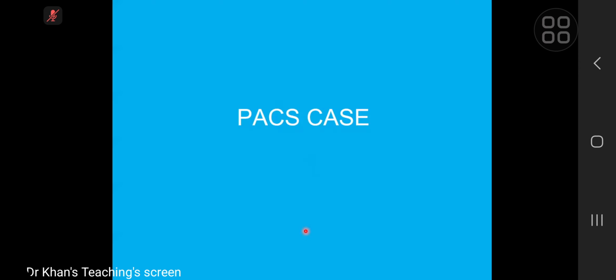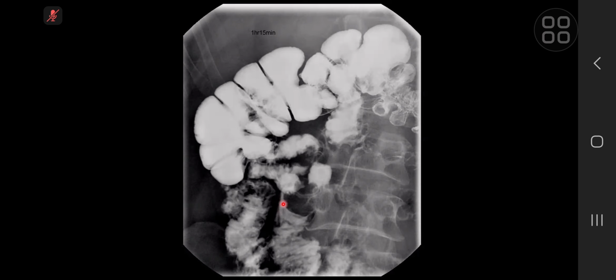So what happened was that initially a barium meal follow through was done. You can see a sort of a filling defect here. And again, you can see that as if there is a mass which is encroaching the lumen, but it is not causing obstruction till now. So this is a mass here.